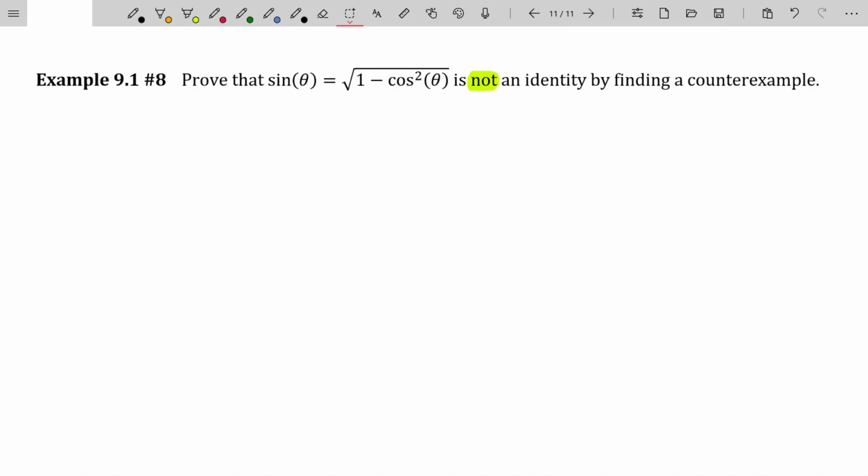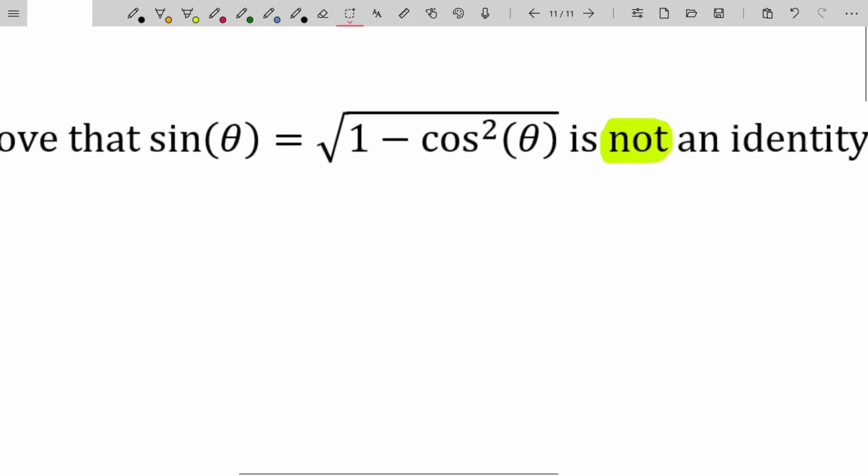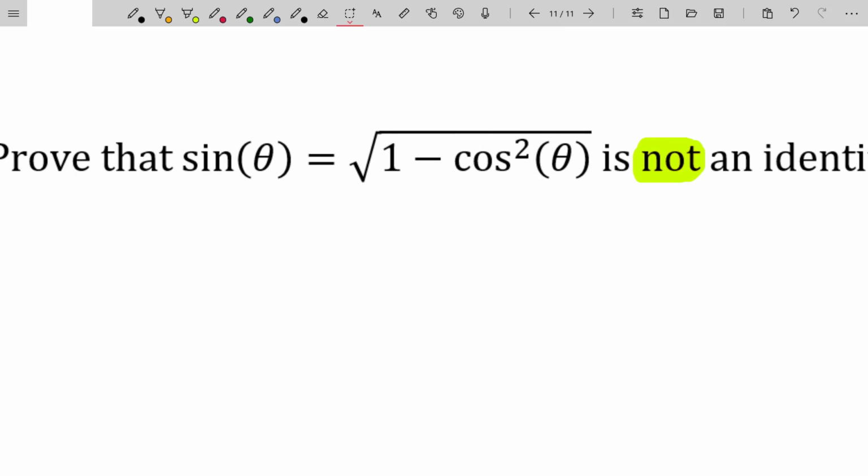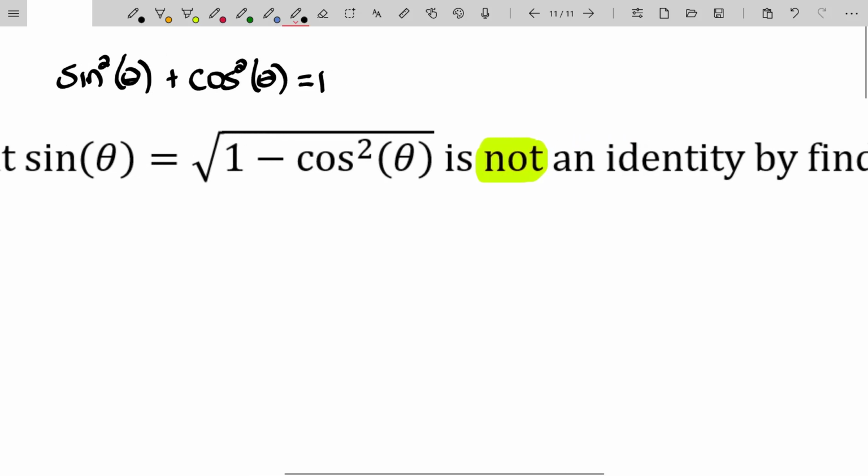Well, this is very close to being an actual trig identity, to be honest with you. The reason I say it's very close is because we know that sine squared of theta plus cosine squared of theta is 1. That's the Pythagorean identity. And so if I were to subtract cosine squared of theta from both sides, that would imply that sine squared of theta is equal to 1 minus cosine squared of theta.